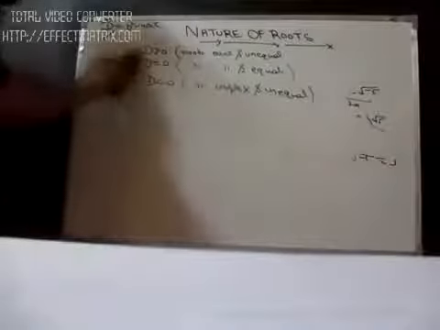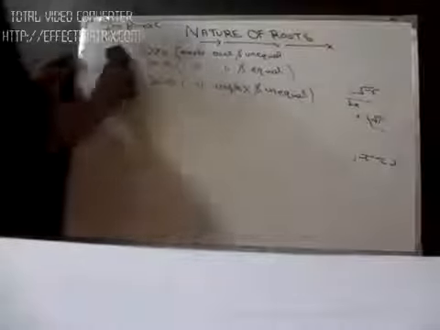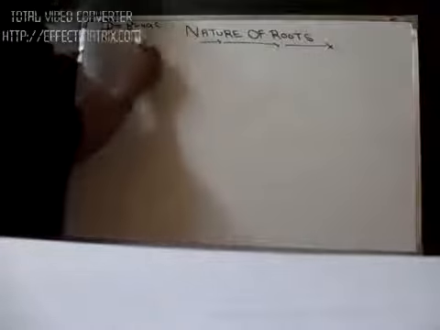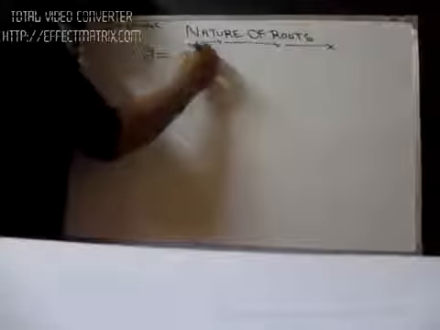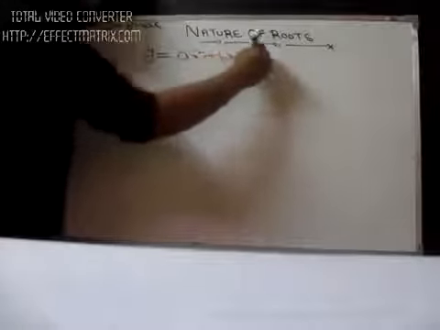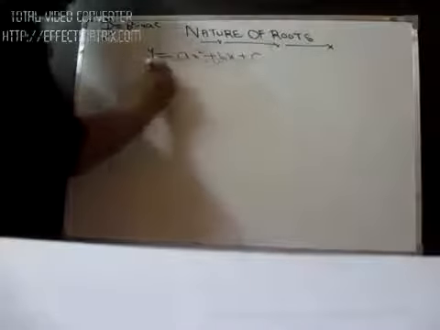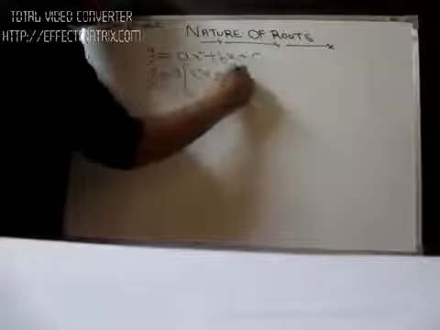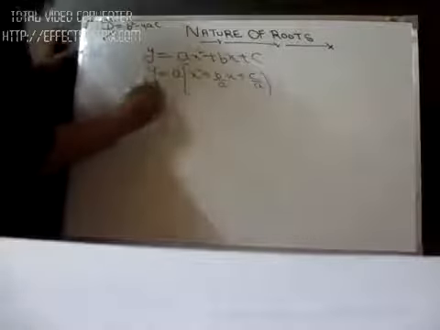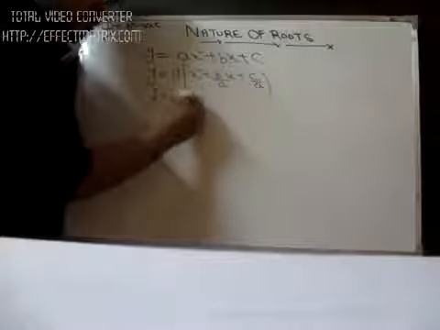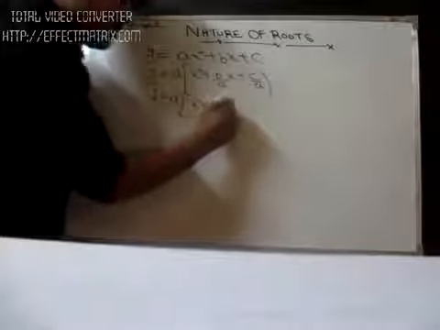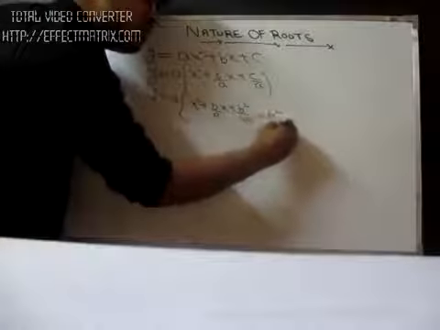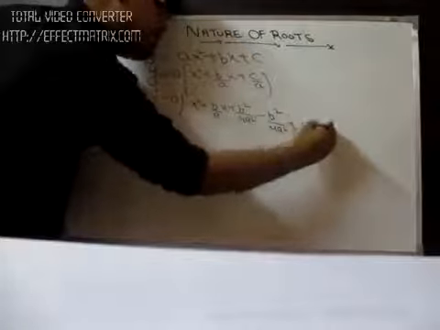Now let's move to the graph of these functions. y is equal to ax square plus bx plus c. So y is equal to a x square plus b by a x plus c by a. So y is equal to a x square plus b by a x plus b square by 4a square minus b square by 4a square plus c by a.